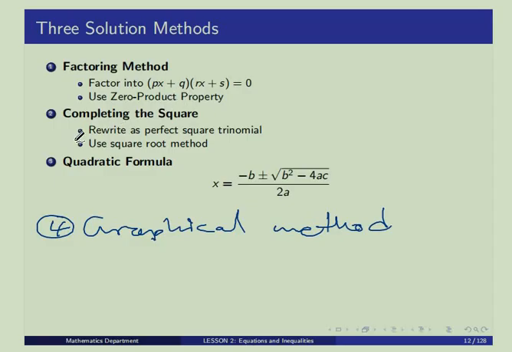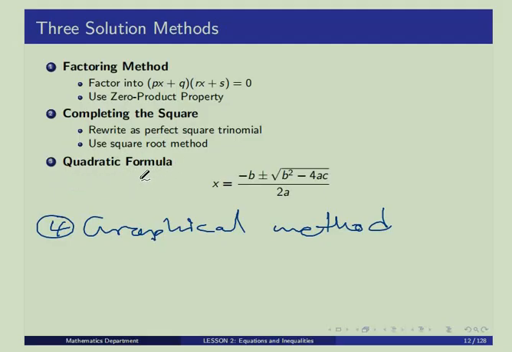And then the next method is called completing the square. So we rewrite the equation as a perfect square trinomial and then use the square root method to solve. And then the other method is where we use the quadratic formula.